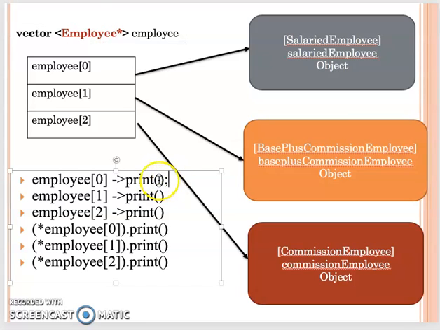Yes, you can, because the print function is defined in the employee class. However, since we made the print function a virtual function, when we call the print, it will do the dynamic binding. You can either use the pointer with the arrow to call the print function, or you can do the dereference. Because of the dynamic binding, the information will display correctly.